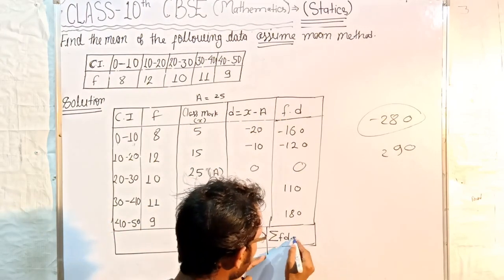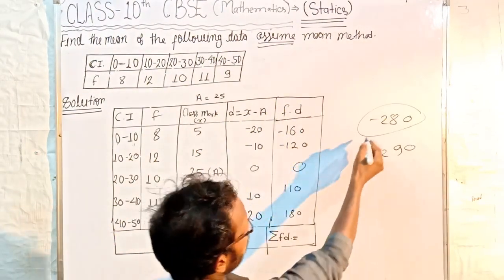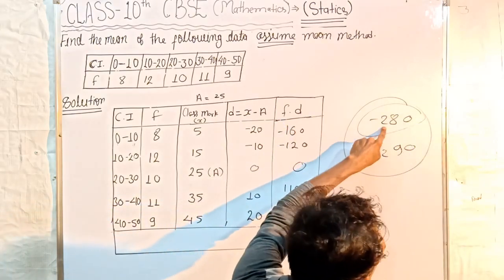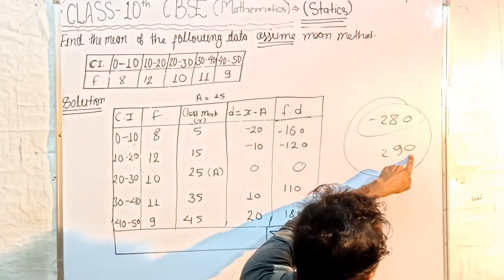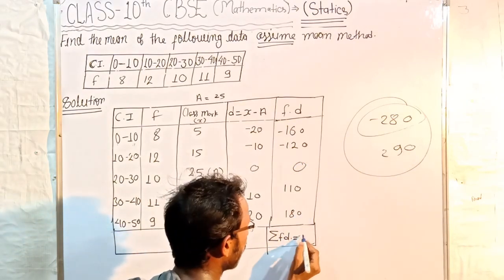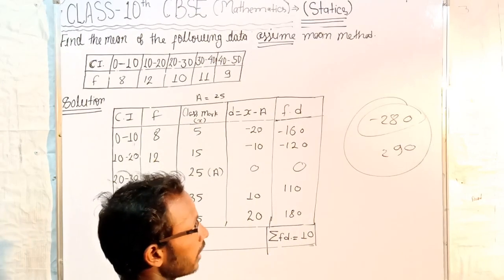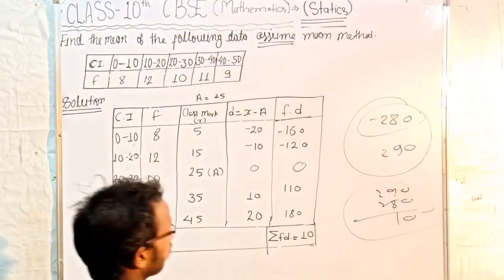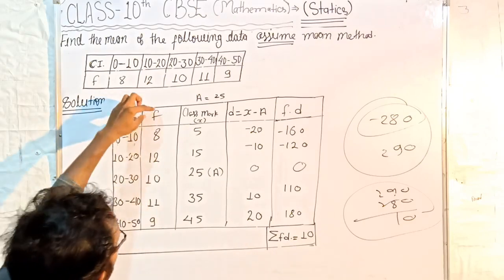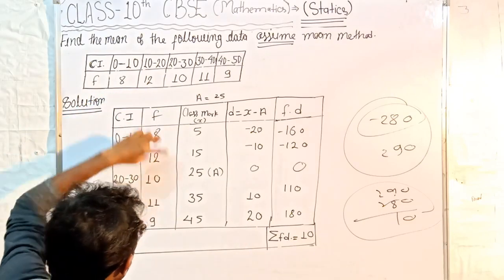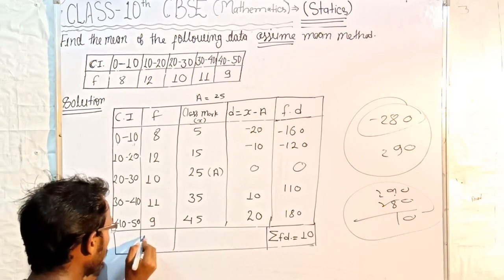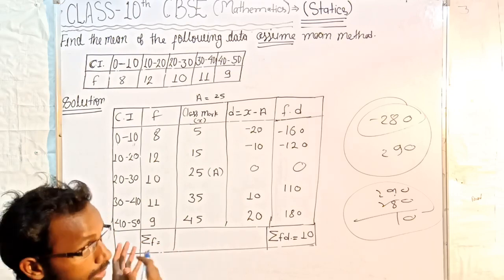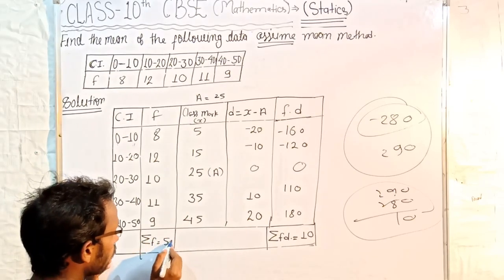The sum of the negative and positive terms: this is 280 and this is 290, so what is left? If you subtract 280 from 290, you will get 10. Now also calculate the sum of the frequency, the summation of frequency, which we have already added in the previous video, and that is 50.